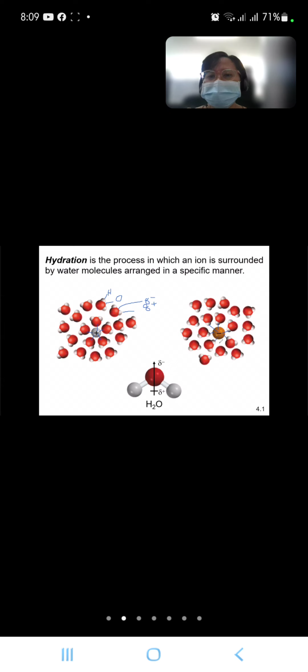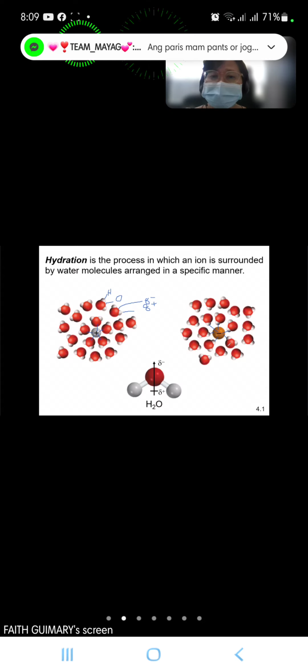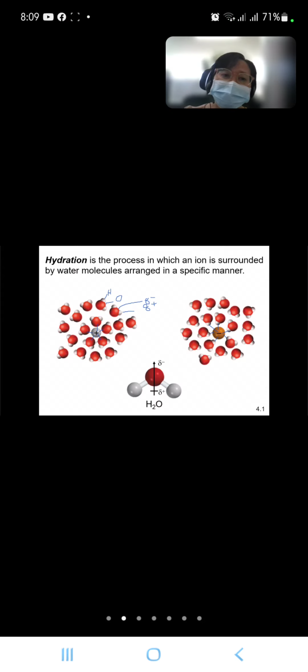Okay? So this process in which water molecules are attracted to the anion and other water molecules are attracted to the cation, we call this process hydration.